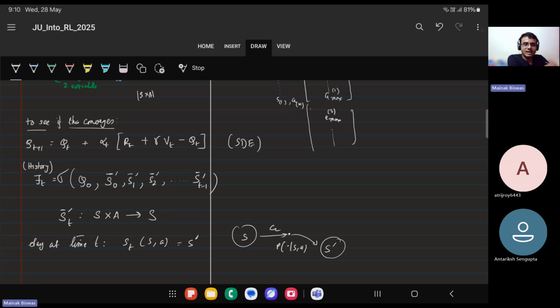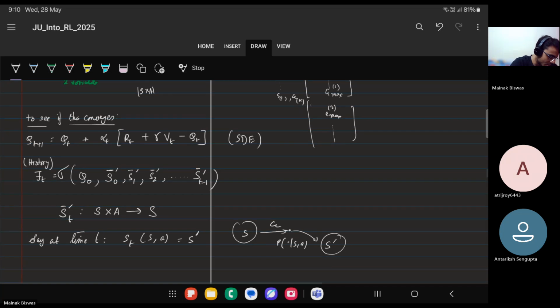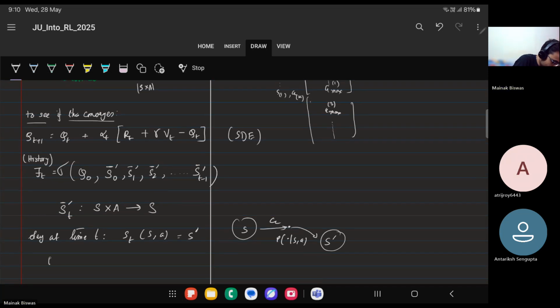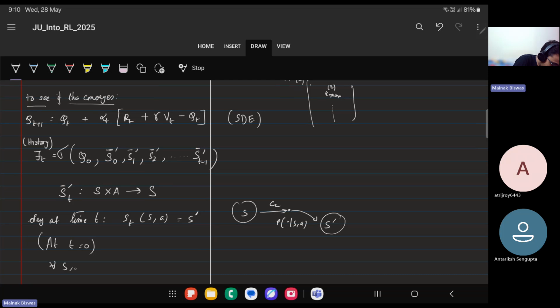So I'm saying I have access to all these functions that took me from S0, say at time t equal to 0, right? For all states and actions, I will have S dash, yes or no?